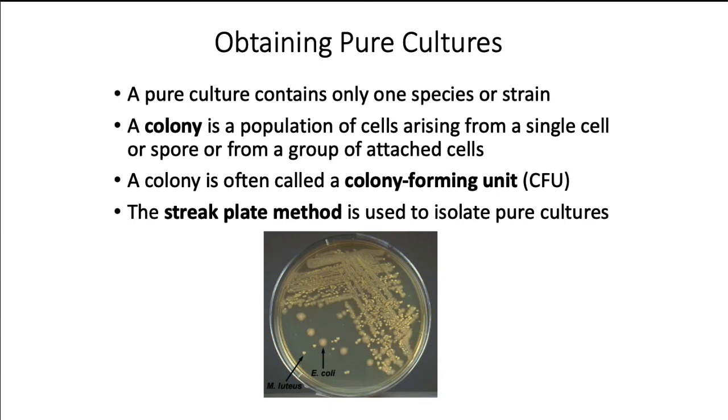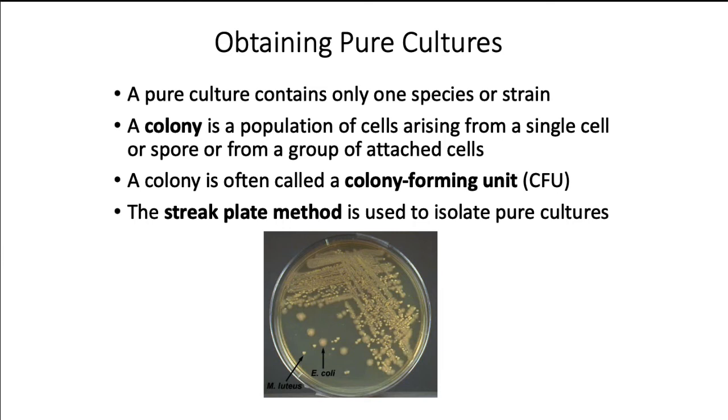Very often in microbiology, you are going to see the number of bacteria reported as CFUs, colony forming units, instead of colonies. This is just a different name that reflects that when you are counting a colony, you assume that it comes from a single cell.